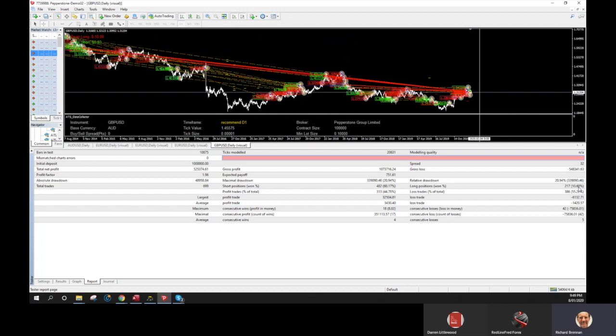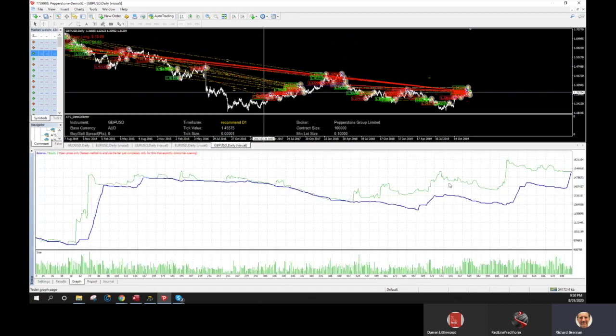Long positions won 10%, but we have many more shorts than we have longs. Once again, we've got a positive swap on our short positions. Average profit trade 3,430 against an average loss trade of minus 1,420. Once again, we're getting around about a 2.4 reward to risk ratio here. Positive skew, you can see that the floating equity always sits above the realized equity.